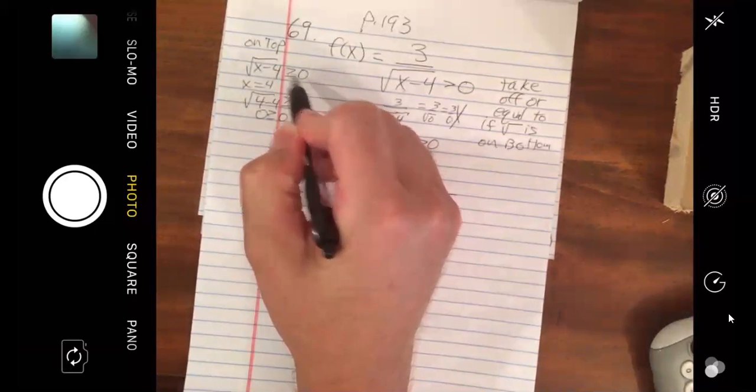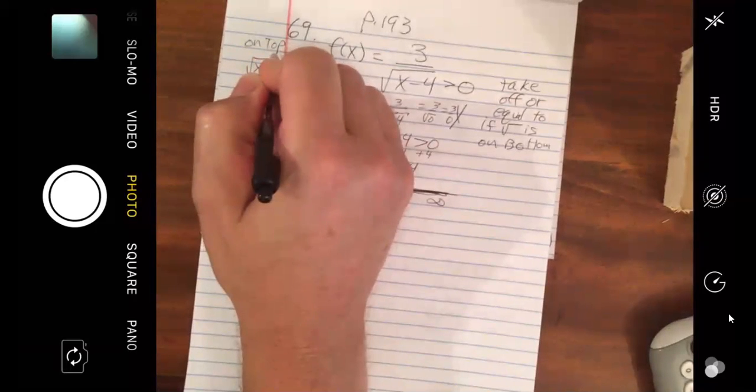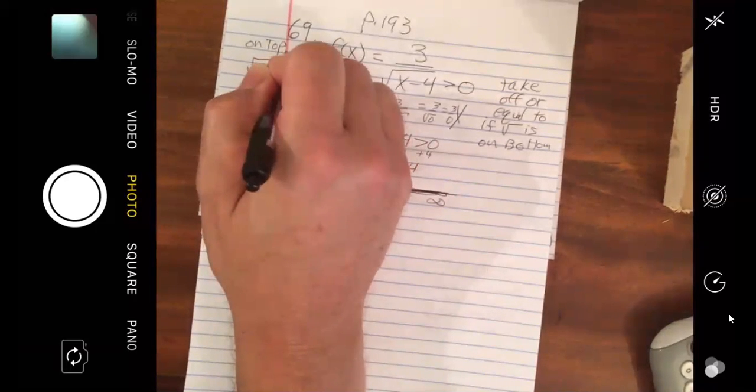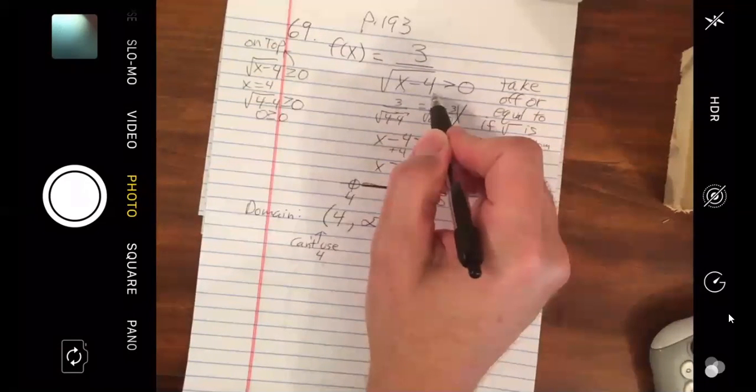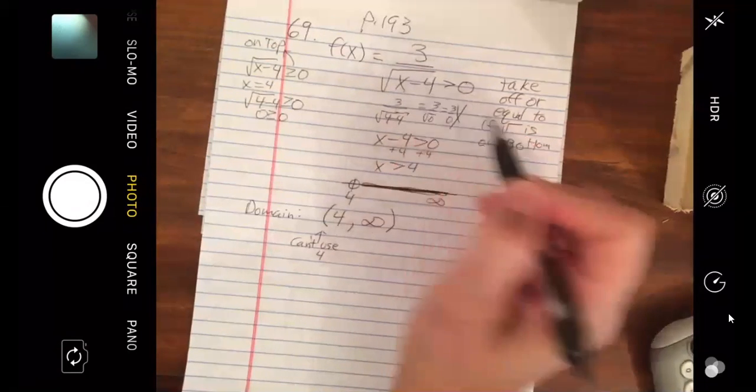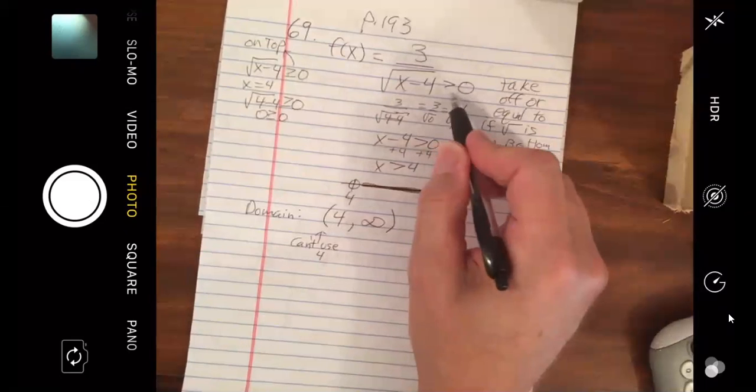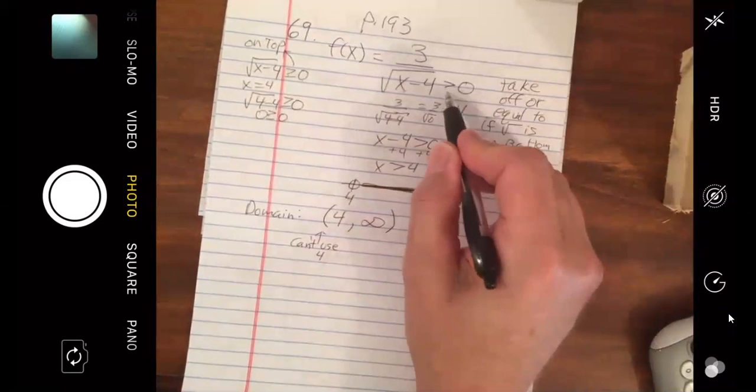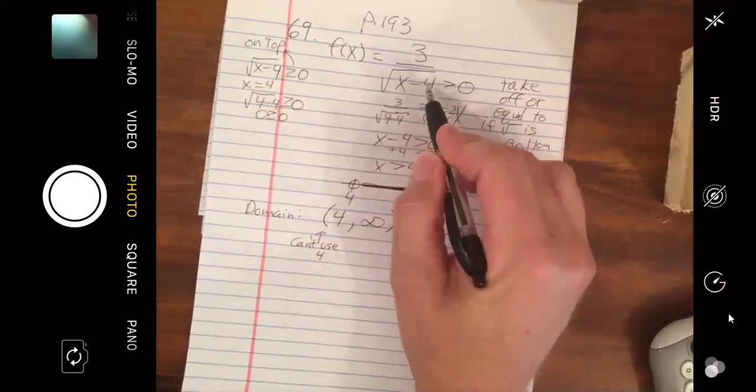Well, that applies if you're on top. But this one's not. So you're going to handle that by taking off the or equal to. So you can't be equal to 0 on the bottom. You'd be dividing by 0 if it were.